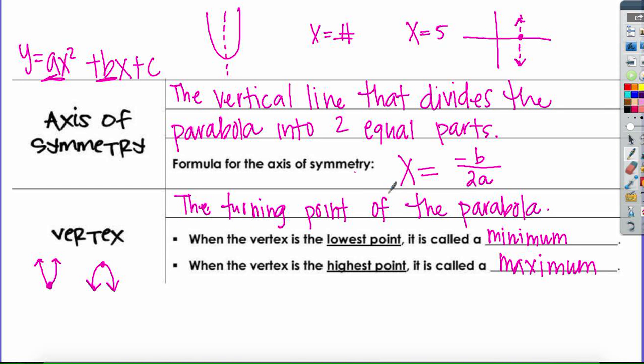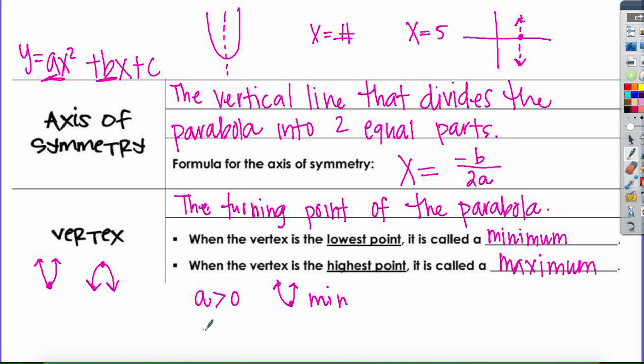I'm going to stop here and talk a little bit more about this. We should be able to tell whether a function is going to have a minimum or a maximum just based on the equation. If the leading coefficient is positive, so if a is positive, then my graph is going to be facing up and it's going to have a minimum.